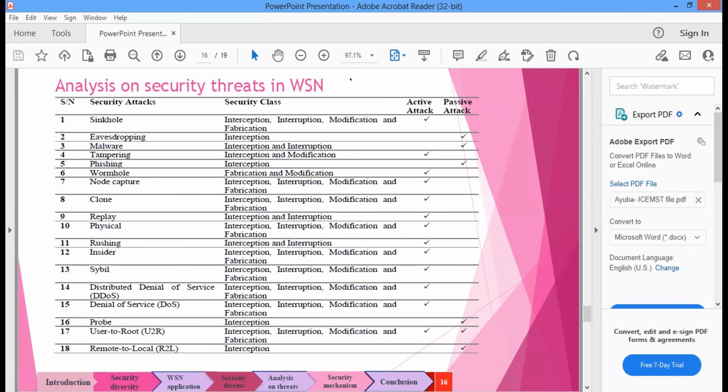Security threats on a wireless sensor network target either destroying the network or stealing sensitive information on the network.